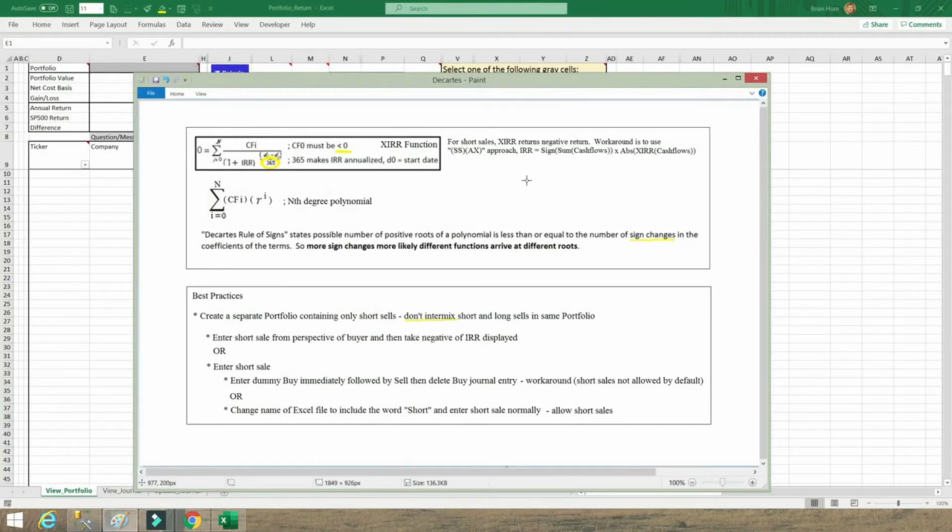Like I mentioned, if you mix short sales and long sales, that approach may not always result in a sensible internal rate of return.